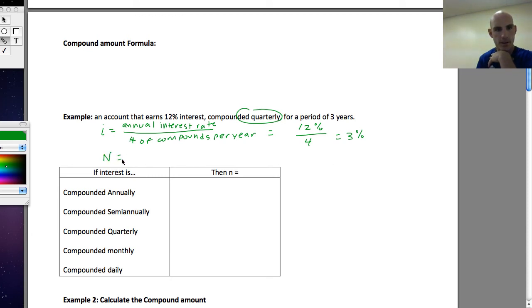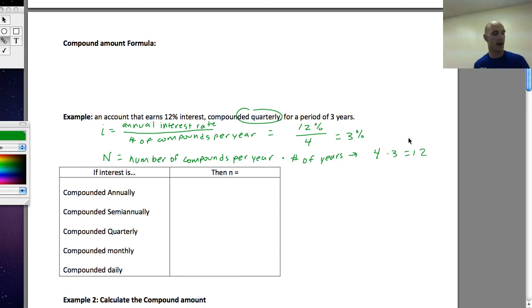N is going to equal the number of compounds per year times the number of years. Okay, and so that's going to be equal to 4 times 3, which is 12. So we're compounding a total of 12 times.